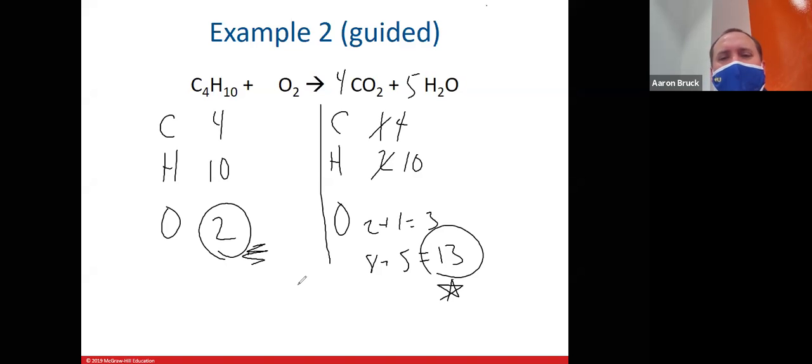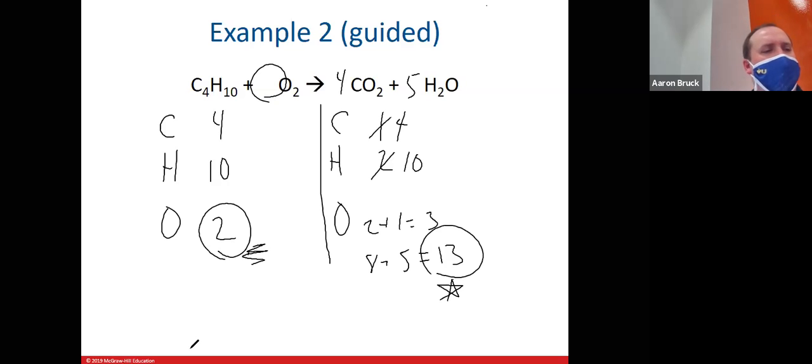If you find yourself in a situation like this, and again, combustion reactions are the most common place where we see this, it does happen in other places as well. But if you find yourself in this position where you have something that is seemingly unbalanceable, the correct course of action is to double everything other than the thing that you're trying to find.